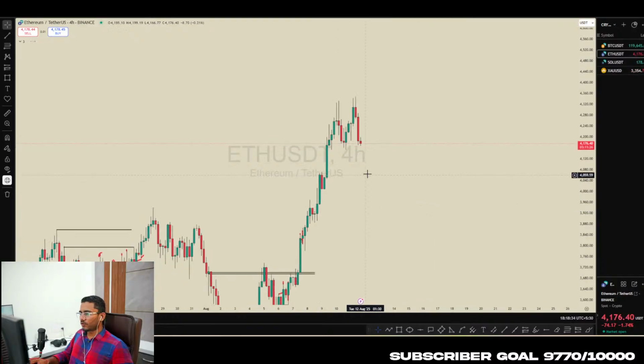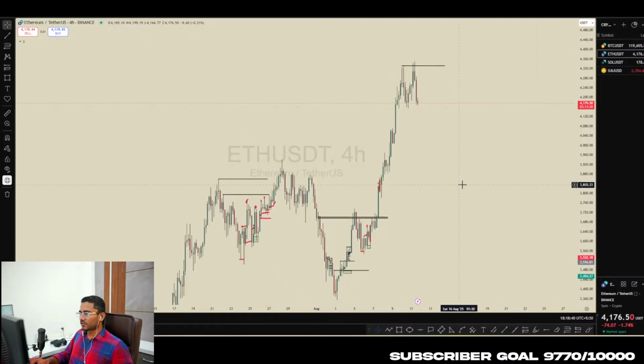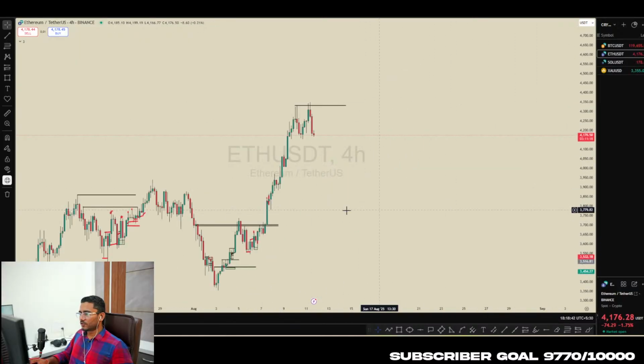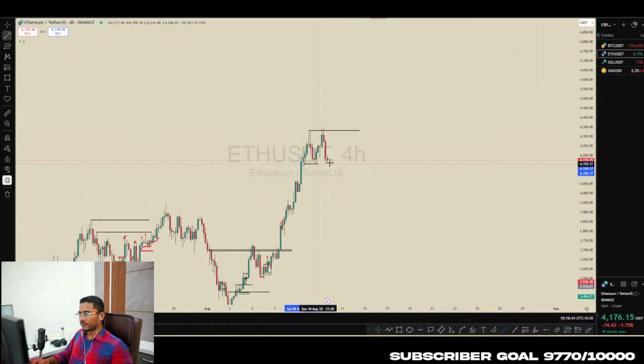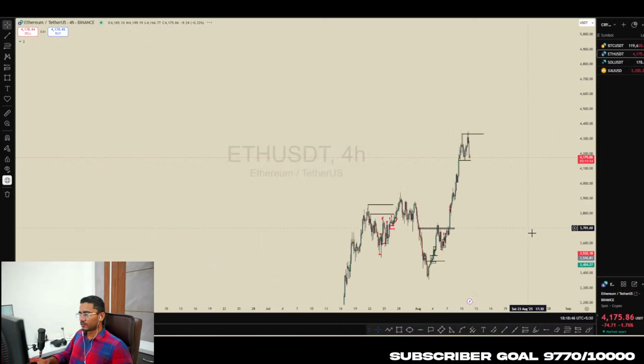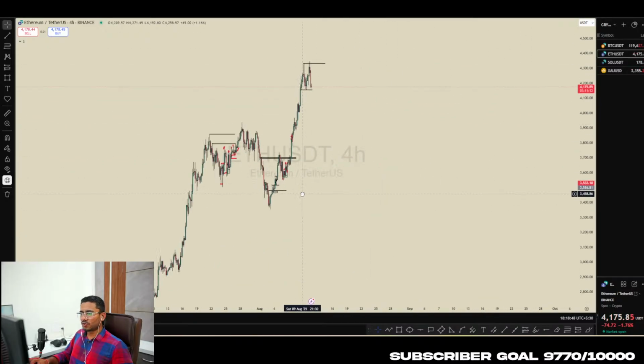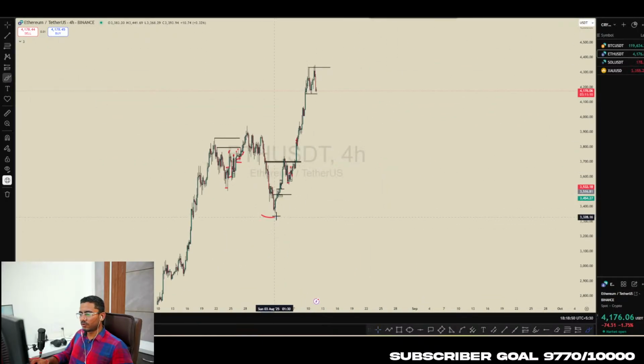If you look at the 4 on Ethereum, this high has been swept out. And if we try to mark the strong low, this strong low has been already mitigated here. So there is no strong low. We have this strong low on 4R, which is this one.